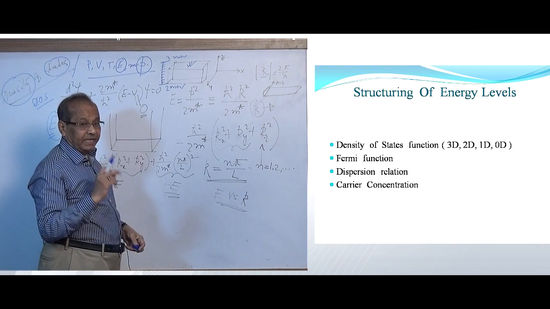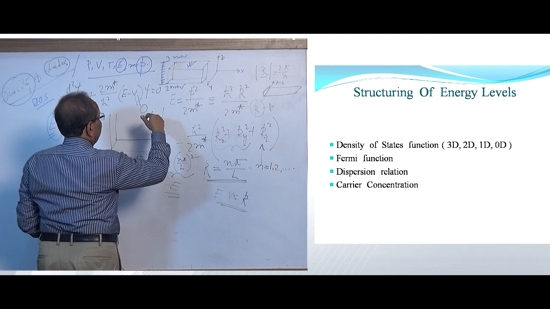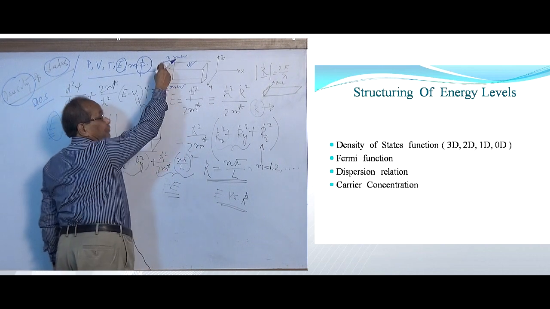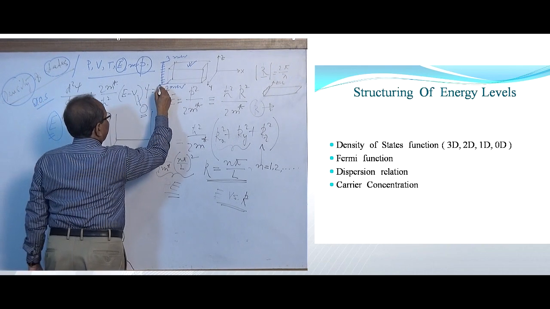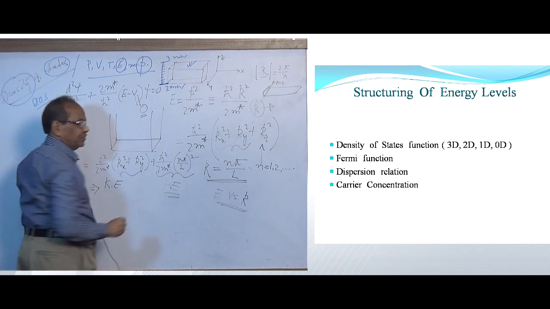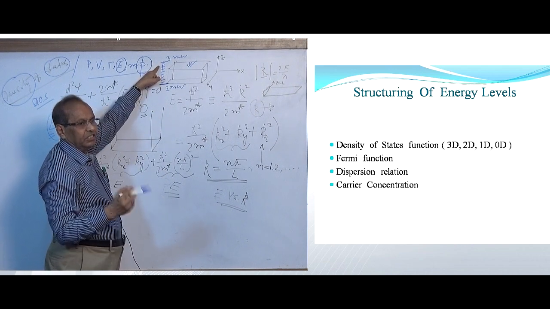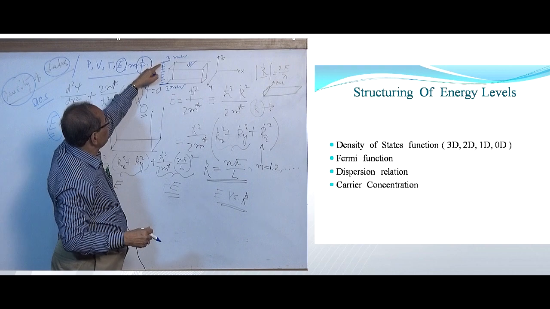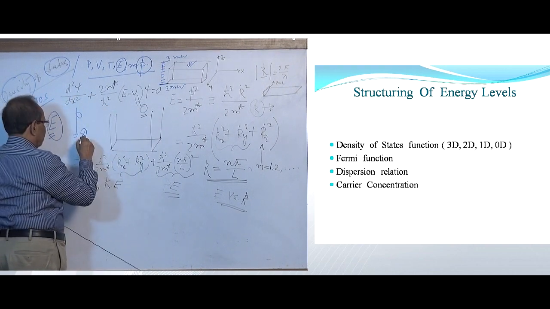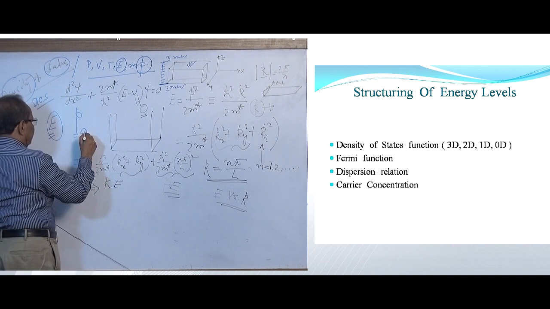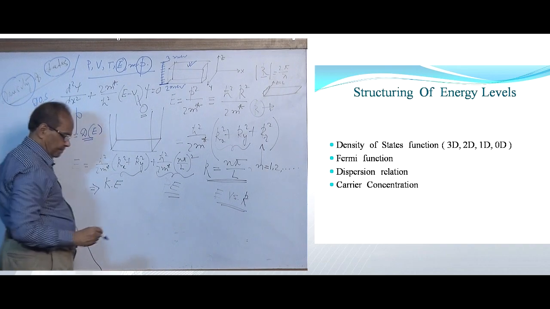So the density of states is not a fixed value, it depends on which reference energy value you are counting from. The density of states is actually a function of energy. If you count from 2 meV to 3, the density of states is something; if you count from 3 to 4, something else. So the density of states, DOS, I am abbreviating as D, is a function of energy, D(E).